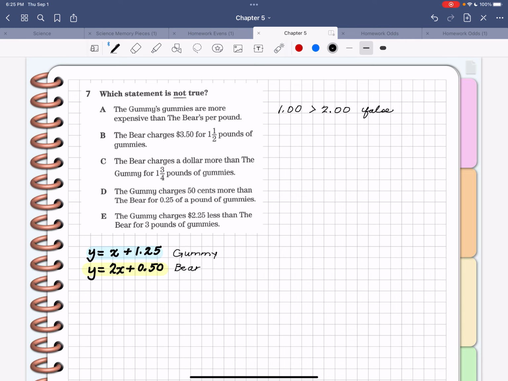So that's looking like the answer. The bear charges $3.50 for 1.5 pounds of gummies. Well, the bear's formula is y equals 2x plus 50 cents. When x is 1.5, we are going to multiply 2 times 1.5.